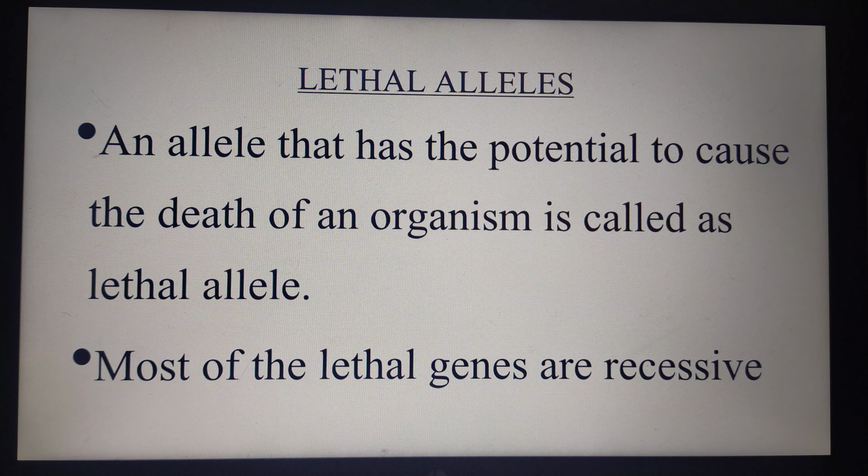We have already discussed many times, each and every character is controlled by a particular gene, and the gene has alternate forms, which we call alleles. Every character is controlled by a gene, because the gene contains the information regarding that particular phenotype.